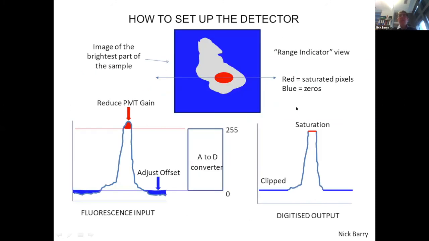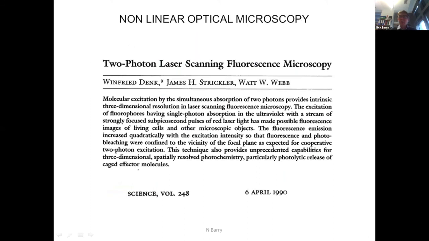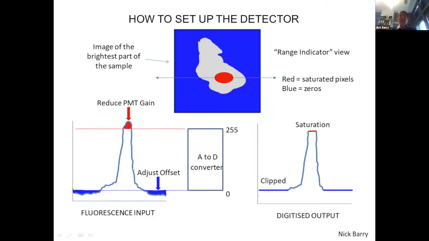The other thing that we'll do in the training is this idea of getting rid of saturation. You don't want to be clipping the dynamic range of the instrument by having too much gain in your detection or too much laser power, because this just ends up with saturation. If you don't have the bottom level, the offset, set correctly, you just clip down here at the bottom.